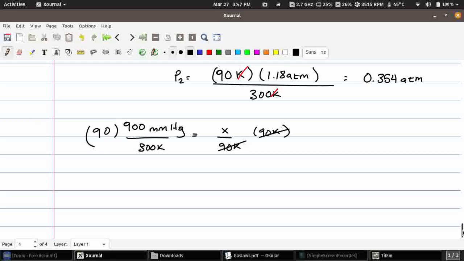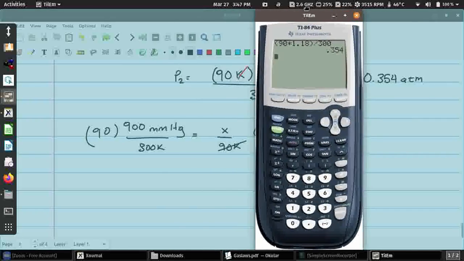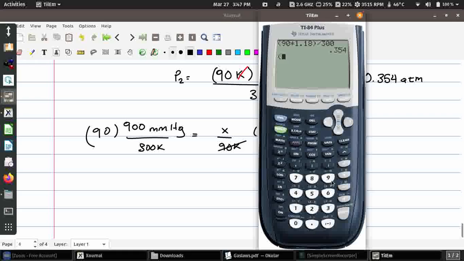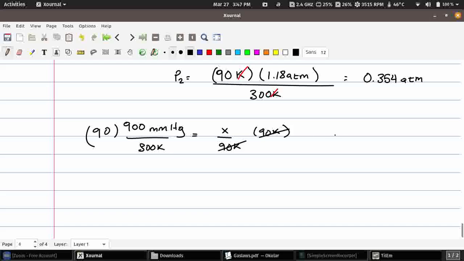So X is equal to 90 times 900 divided by 300. So you're going to have 270 millimeters of mercury.